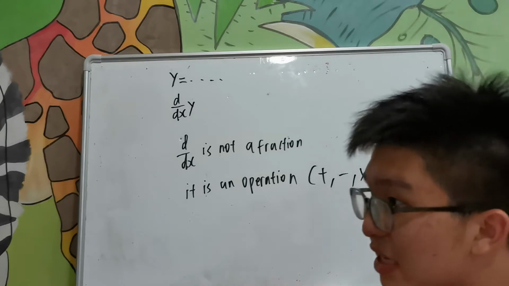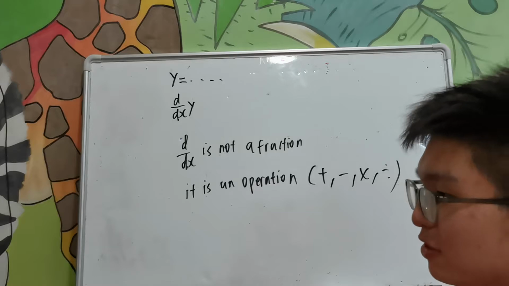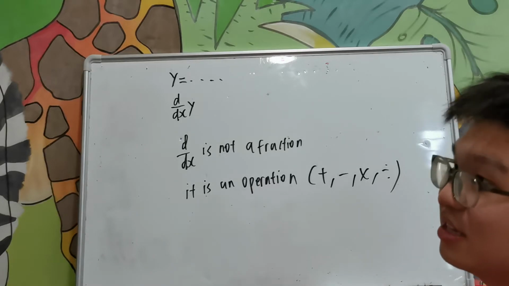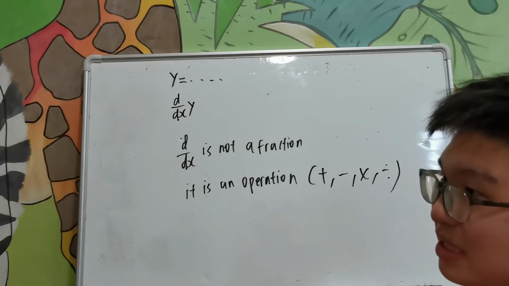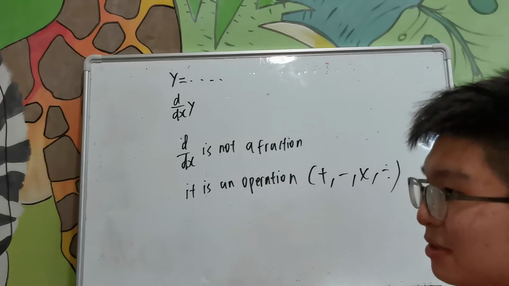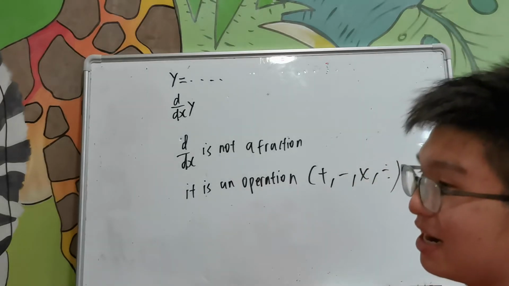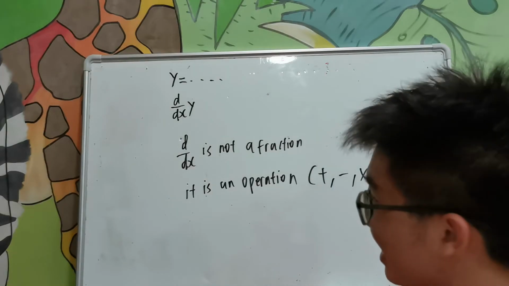It's just that coincidentally, because mathematicians are dumbos who cannot settle on non-confusing notation, it looks like a fraction. And later on in the series, you realize that there are a lot of similarities and properties that differentiation can take. They are similar to fractions, but they are not fractions. So please, please remember that they are not fractions.